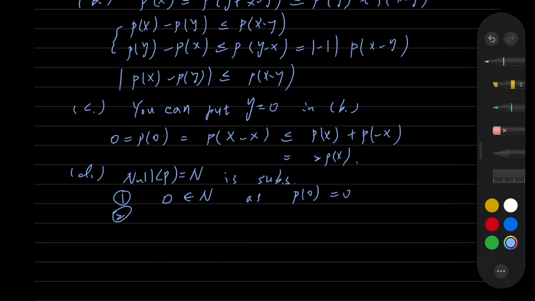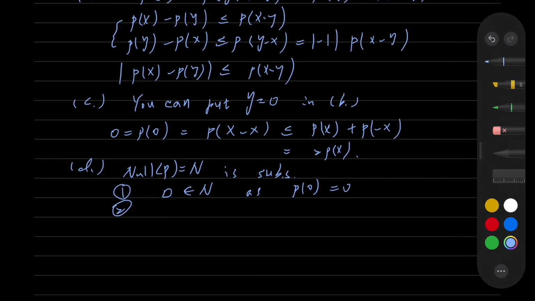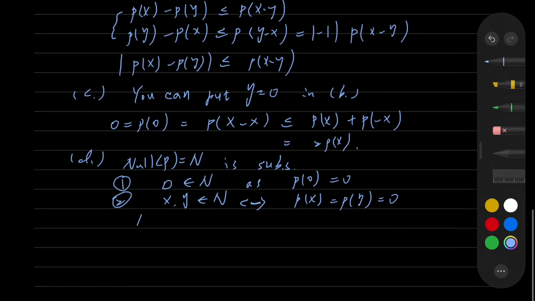And next, we want to show that it's closed under addition and scalar multiplication. So we choose 2 points in the space, so we have P of x equal to P of y equal to 0. And for any 2 scalars alpha and beta in the scalar field, we calculate the seminorm of alpha x plus beta y.